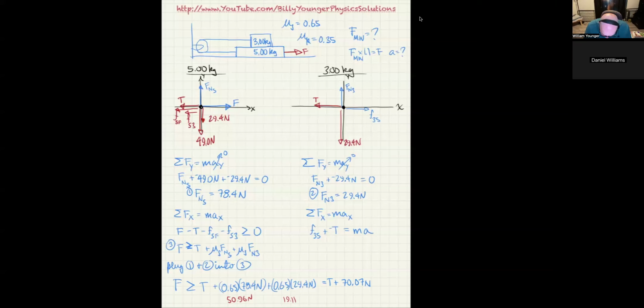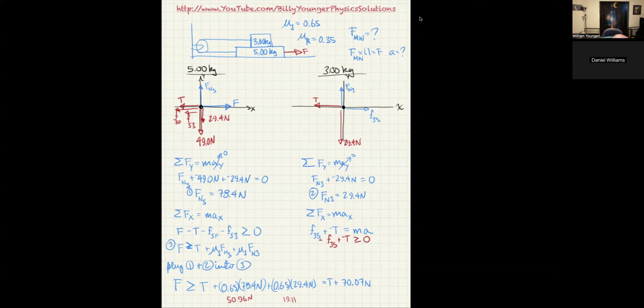Now, here's the cool part. If we set the acceleration of this one greater than or equal to 0, I'm going to write it in red so it stands off a little better: F35 plus negative T is greater than or equal to 0.